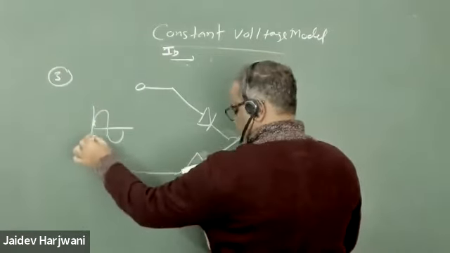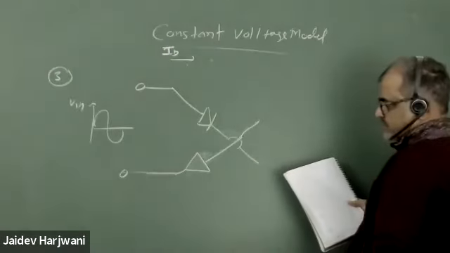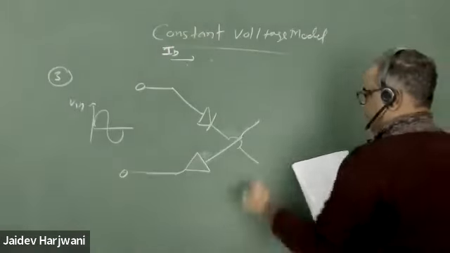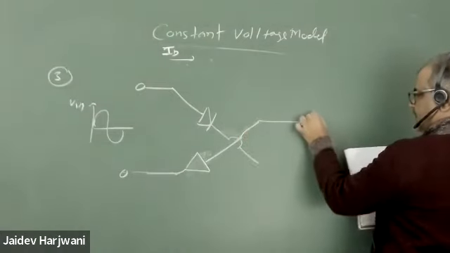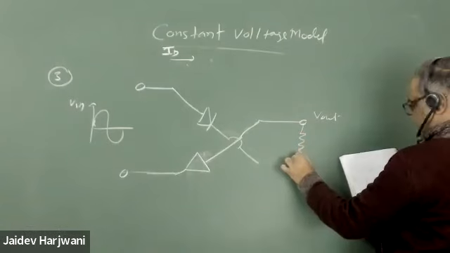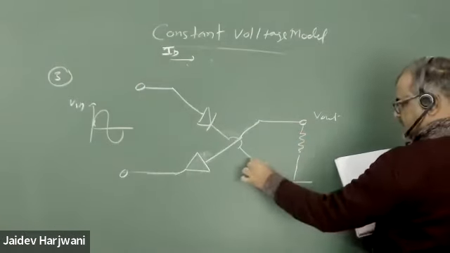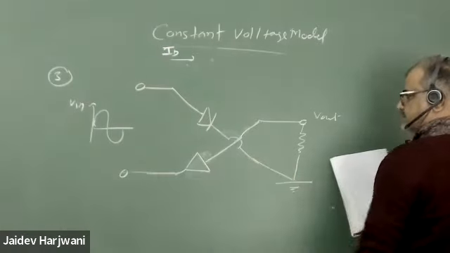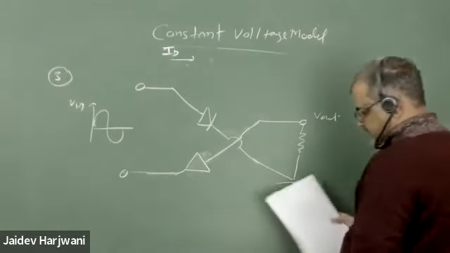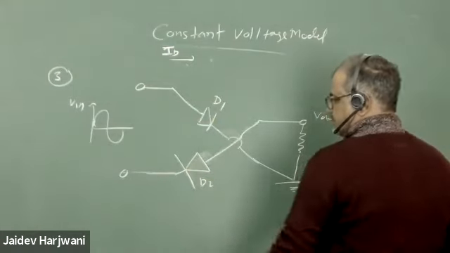Okay, so this is your V input, which is given. And this is your V output, which I'm measuring across this resistance R. This is your diode, say D1. This is diode D2.